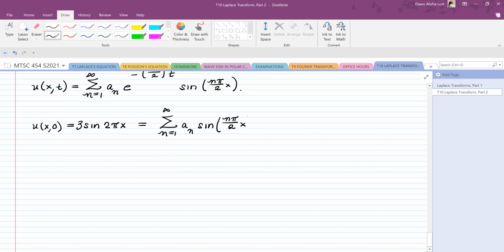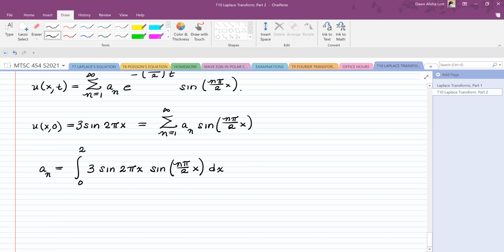All right, so therefore, a n is going to be 2 over L, which is just 1, times the integral from 0 to L of 3 sine of 2 pi x times the sine of n pi over 2 x dx.